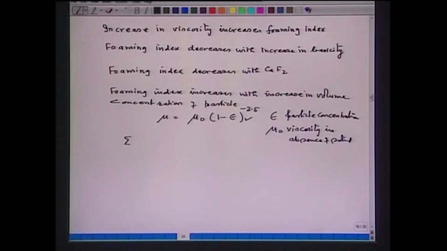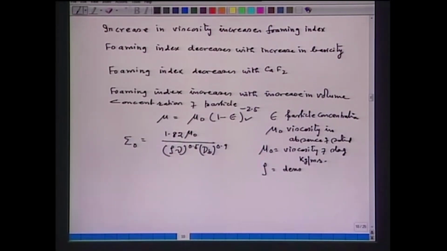Say foaming index sigma 0 is equal to 1.82 mu naught upon the square root of rho times sigma, times diameter of the bubble raised to the power 0.9. Now, here mu naught is the viscosity of slag, I am writing once again, in the absence of solid particles. So, that is to be substituted in kilogram per meter second, then rho is the density of slag, it has to be substituted in kilogram per meter cube.